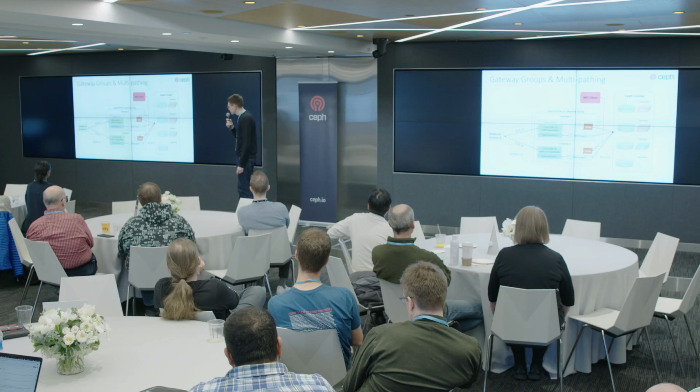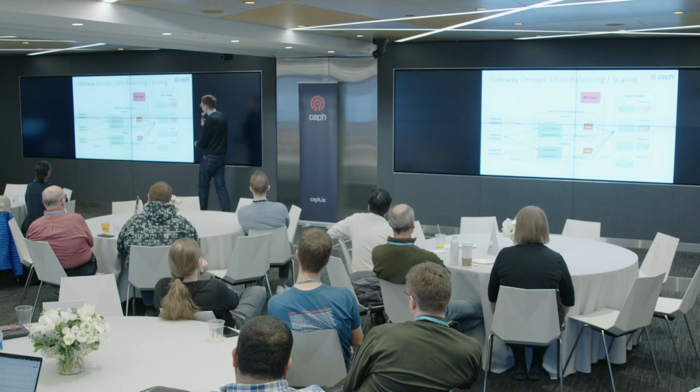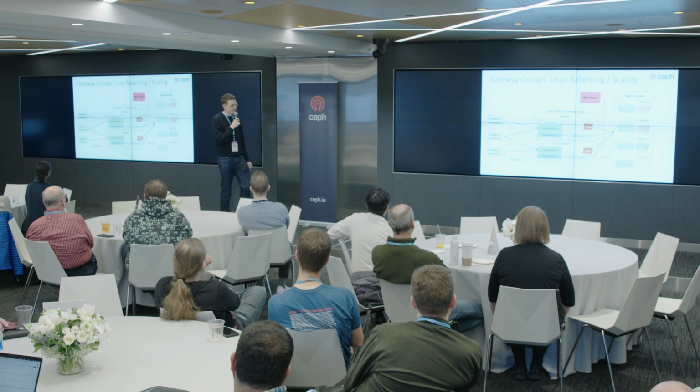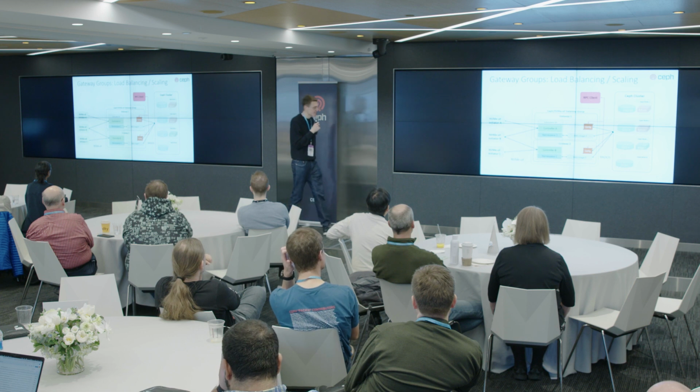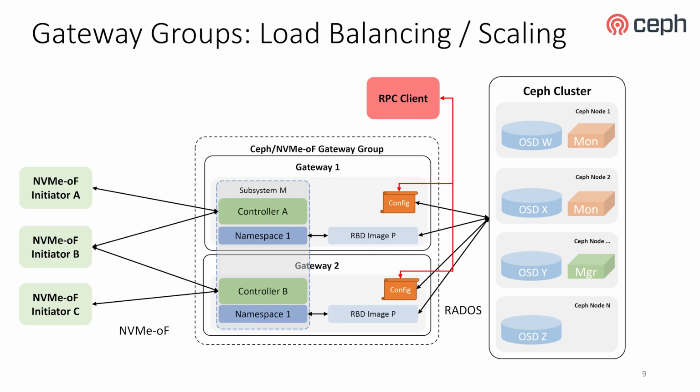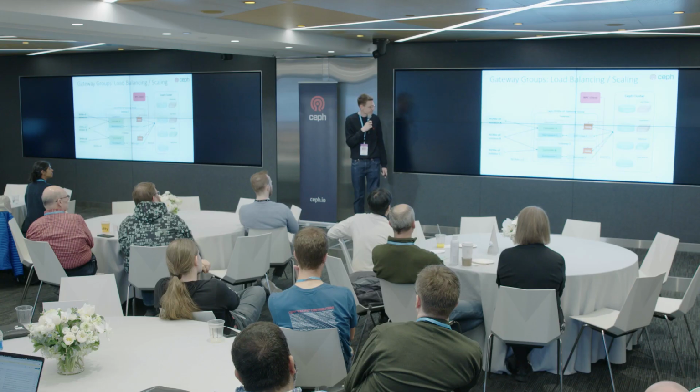Of course, you can also use the same feature as I mentioned before to do load balancing or scaling. And with the asymmetric namespace access, what I showed you before, you can steer particular clients of a particular subsystem to a gateway and others to other gateways. So you are pretty flexible in what you can do there.